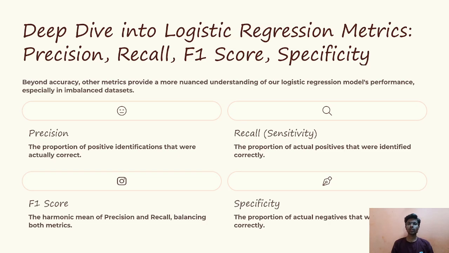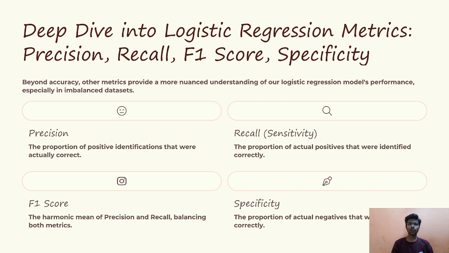Deep dive into logistic regression metrics: precision, recall, F1 score and specificity. Beyond accuracy, other metrics provide a more nuanced understanding of our logistic regression model's performance, especially on imbalanced datasets.